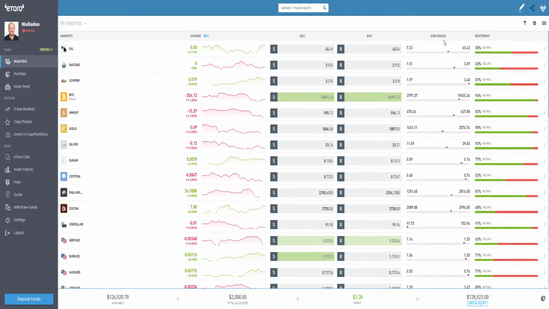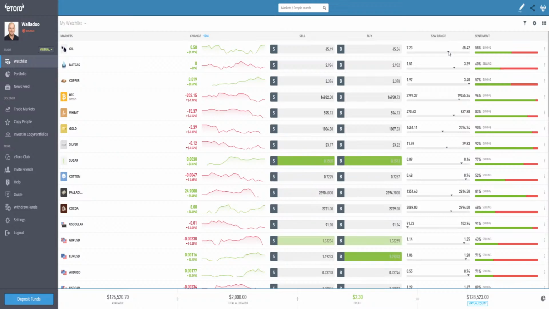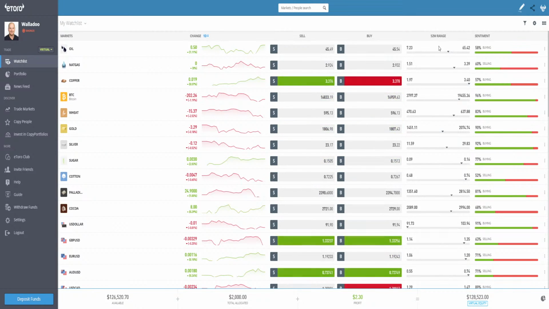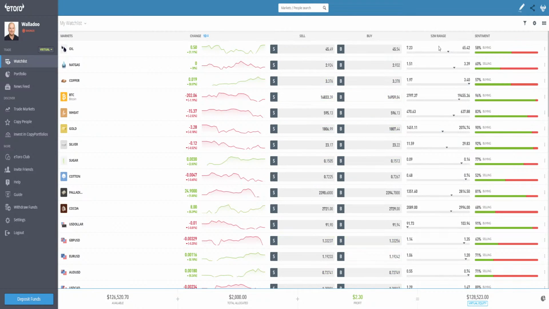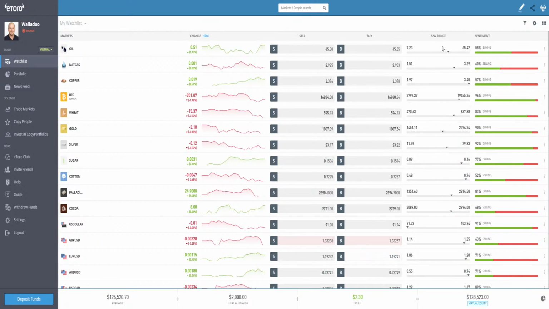It is very similar to an RSI, or what an RSI tries to explain to you. Here you have an indication of where the current price is compared to the last 52 weeks. If this arrow is way at the top, it means there is a lot of buying pressure, and it's probably overvalued compared to the last 52 weeks. That is very similar to what RSI is doing, where we look at a daily basis.